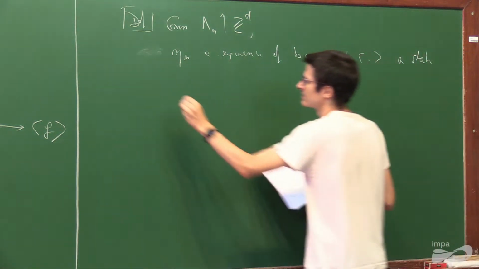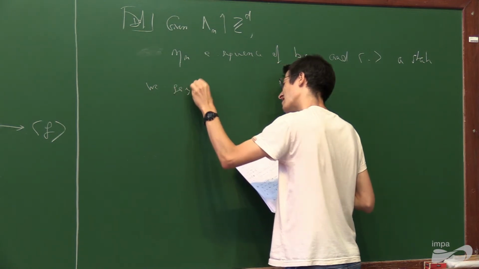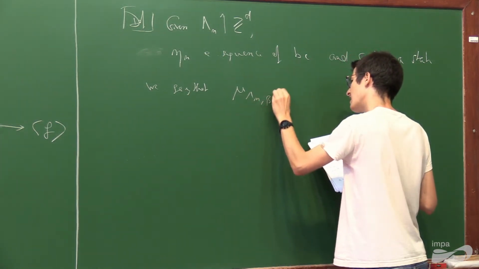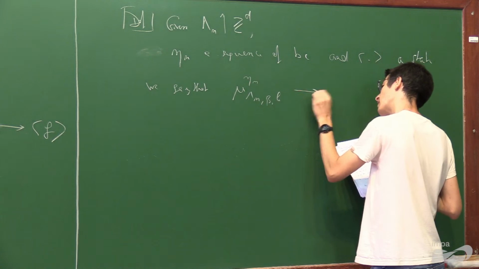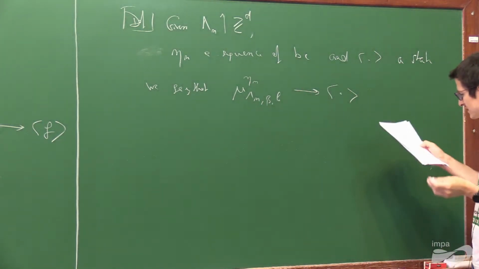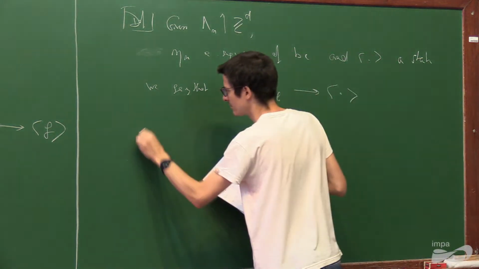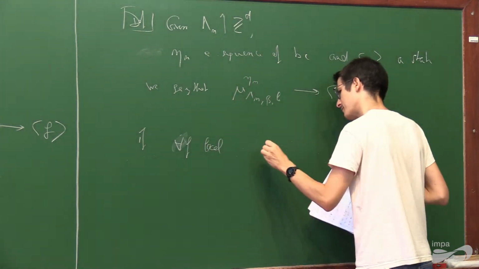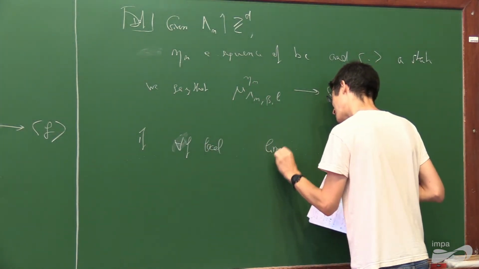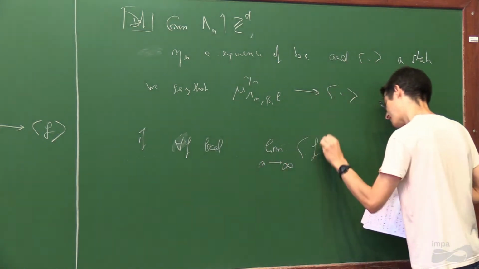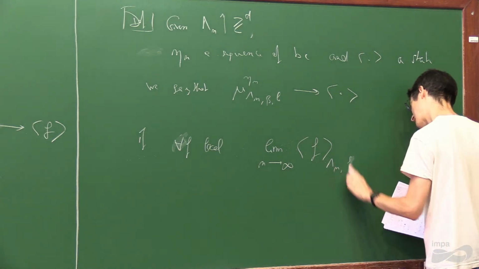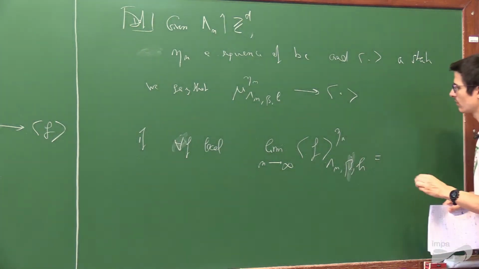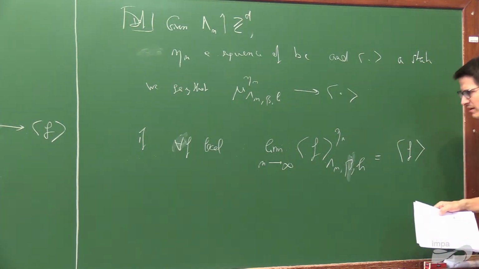We say that mu lambda n, beta, h, eta n converges to the state given by these brackets if for all f local, we have that the limit when n goes to infinity of the expectation of f under mu lambda n, beta, h, eta n is equal to the bracket of f.